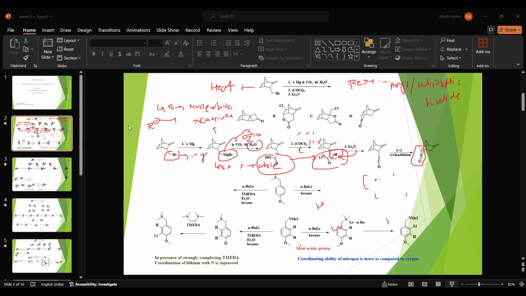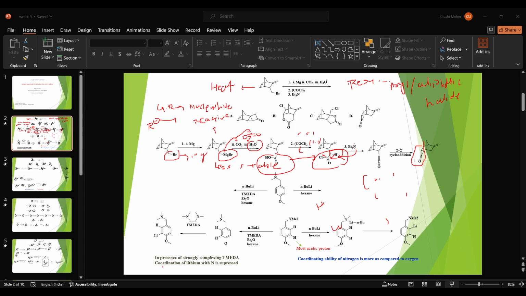In the reaction, what will happen? The alkyne undergoes addition, which we call a 1,2 addition, a regioselective hydroboration reaction.